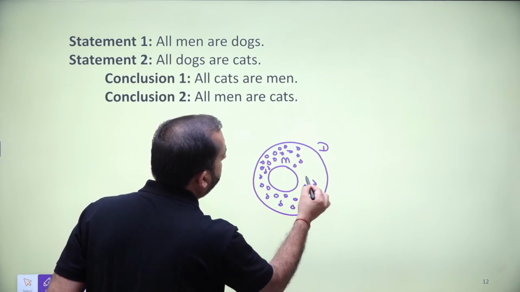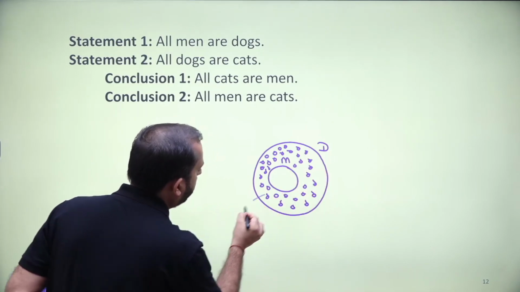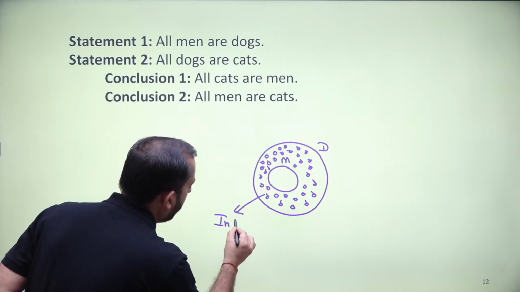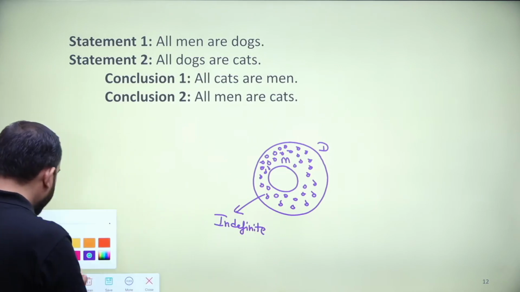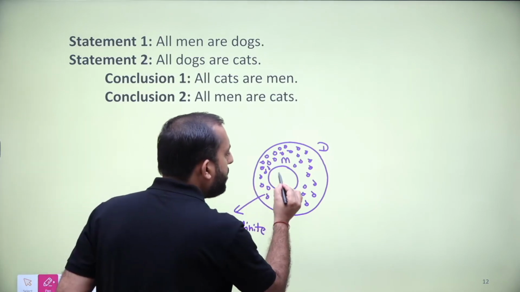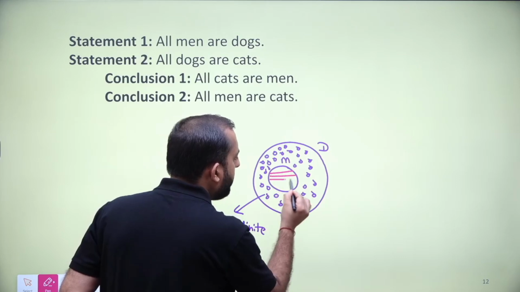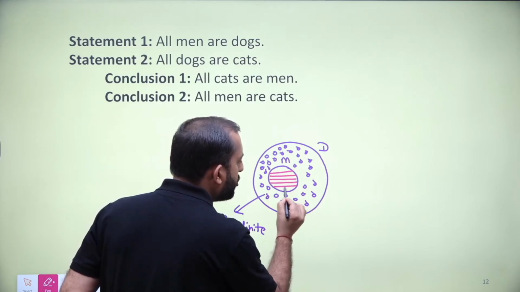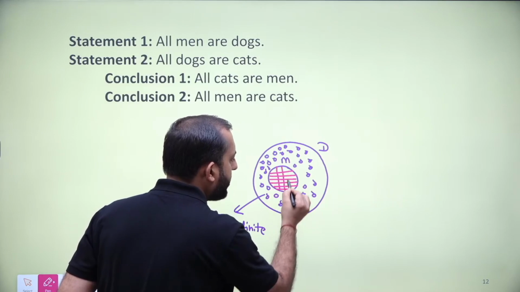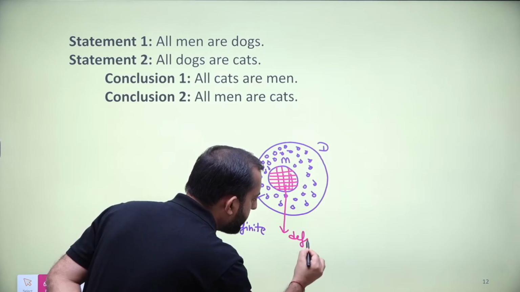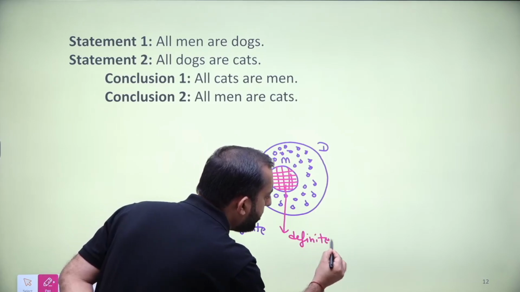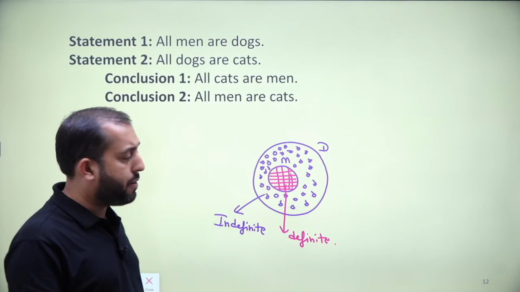This part is indefinite. And this men circle inside the dog is the definite region, because the information regarding this part is given to us directly in the statement.